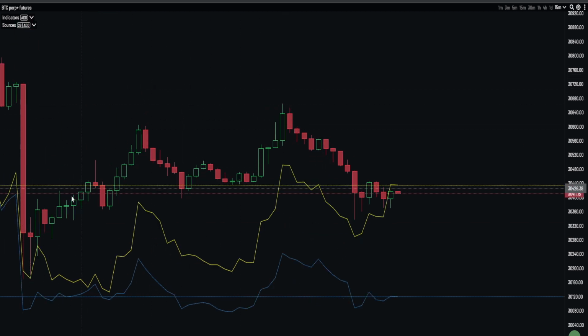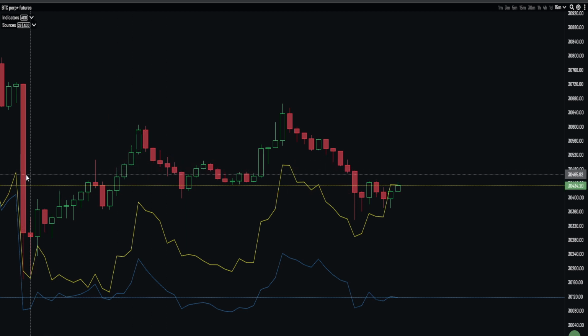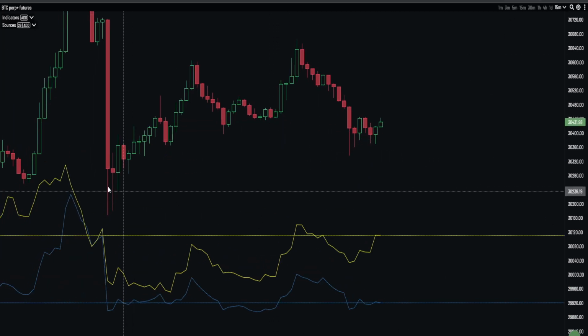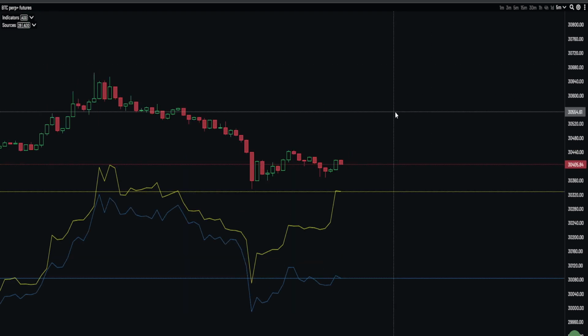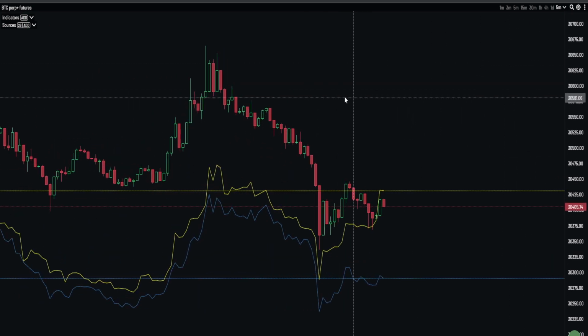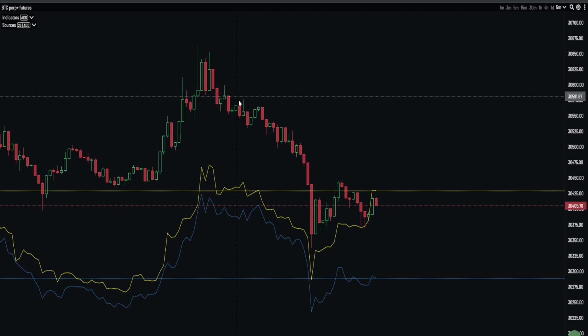However, we got a higher high on the yellow CVD. And you can see it if you look at my horizontal cursor. Then you can see on the right side, the yellow line crossed my cursor and that means lower high on price, higher high on the CVD, which is a bearish CVD divergence, where then the target is this low.